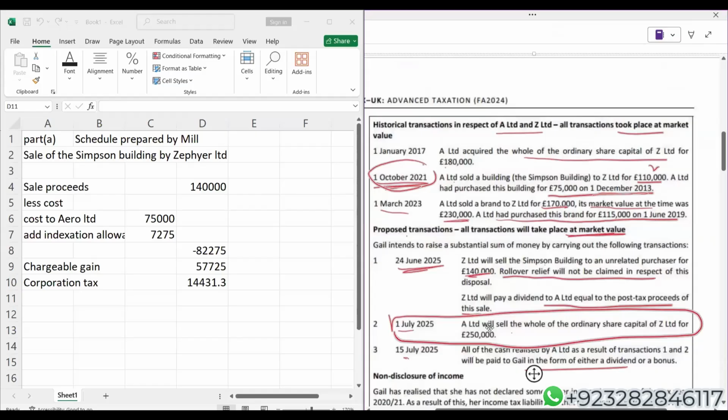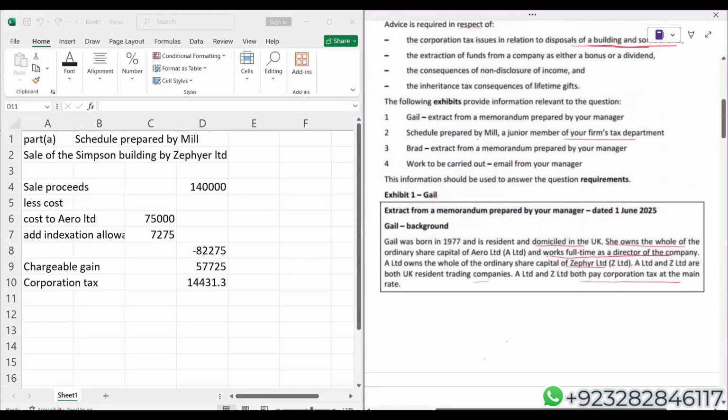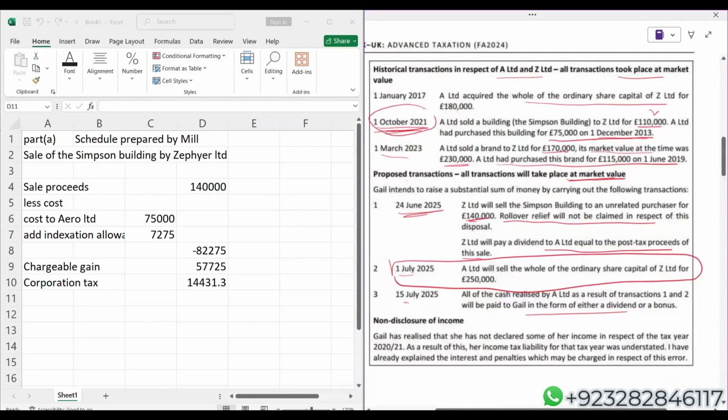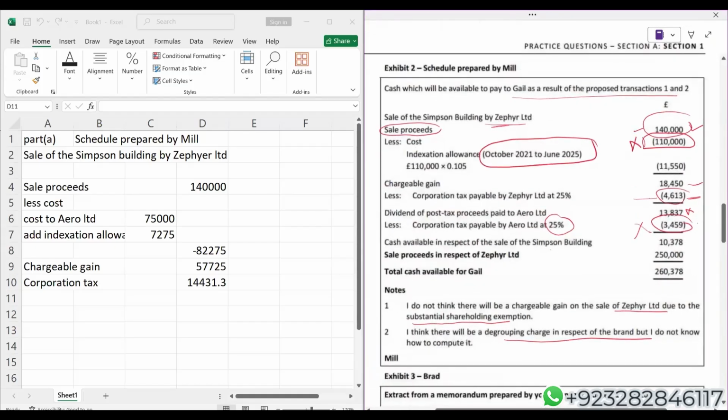Arrow Limited acquired this. We have done this. Transaction, they've given us the information here.